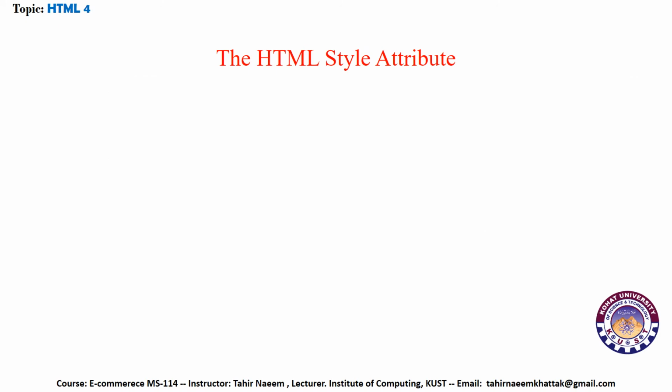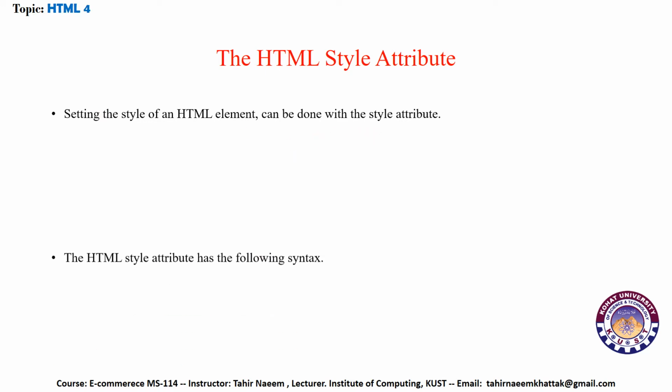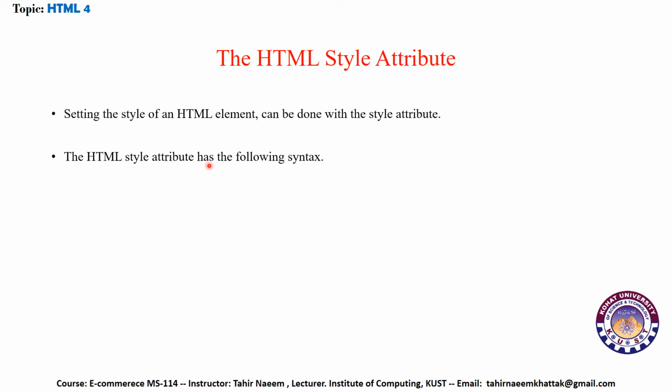HTML style attribute. First of all, we will study that setting the style of an HTML element can be done with the style attribute. The HTML style attribute has the following syntax. Here is the tag name; in the previous lecture I specified P, but here you can specify any tag name.